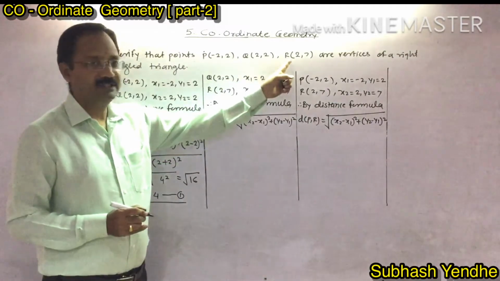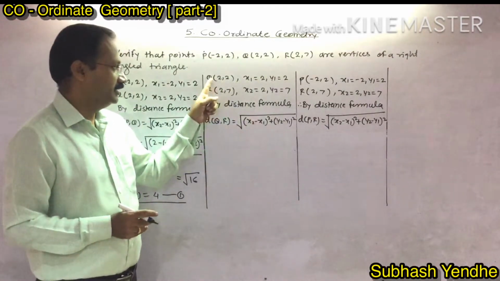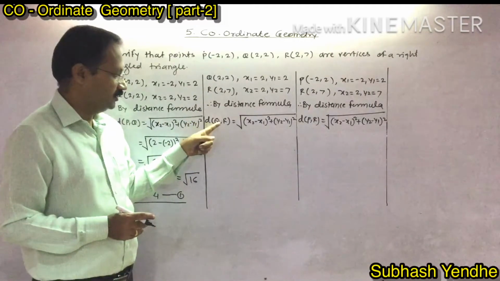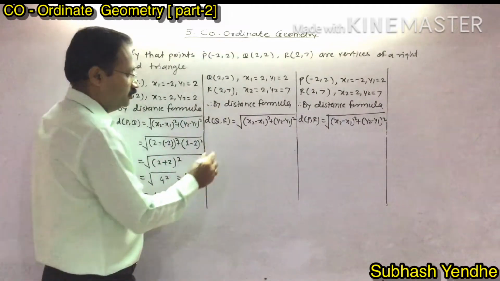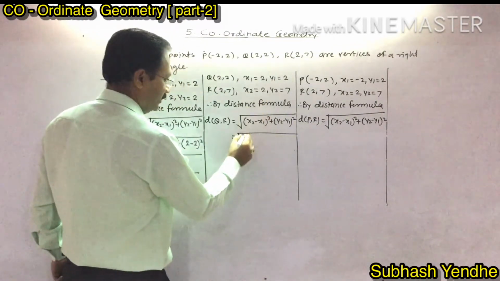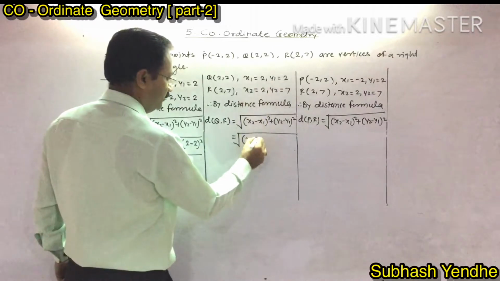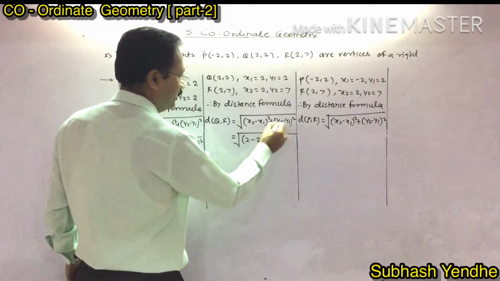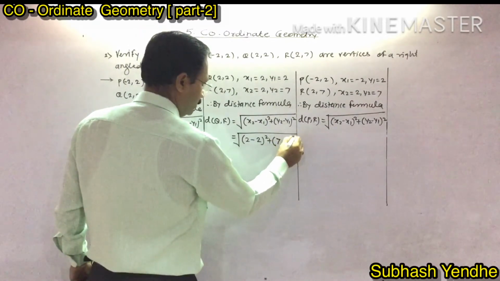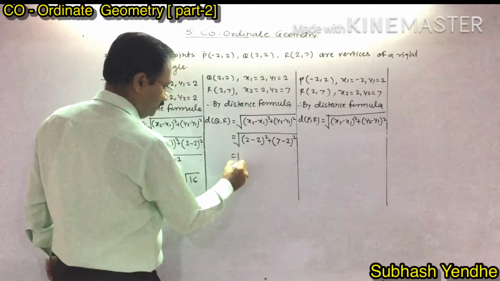Then we have to find out the distance between QR. I have written the coordinates of Q and R, then the distance formula. You have to substitute the values only now. x2 is given 2, x1 is 2, y2 is 7 and y1 is 2. 2 minus 2 is 0.